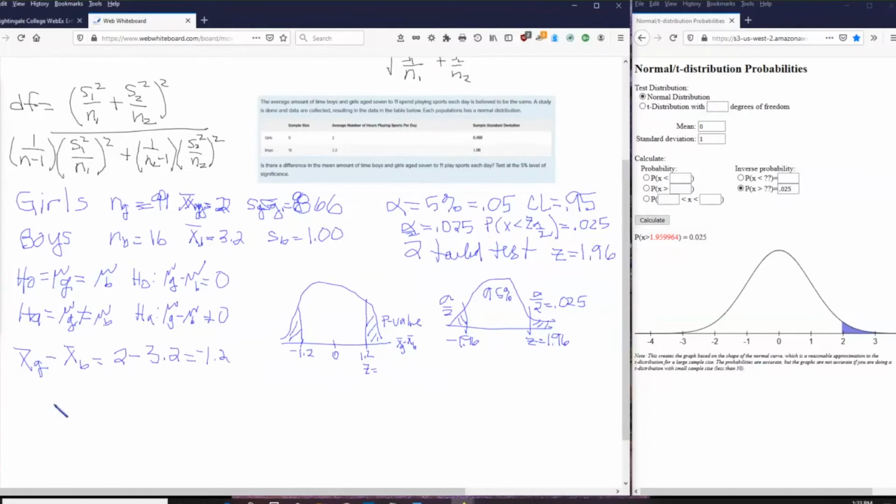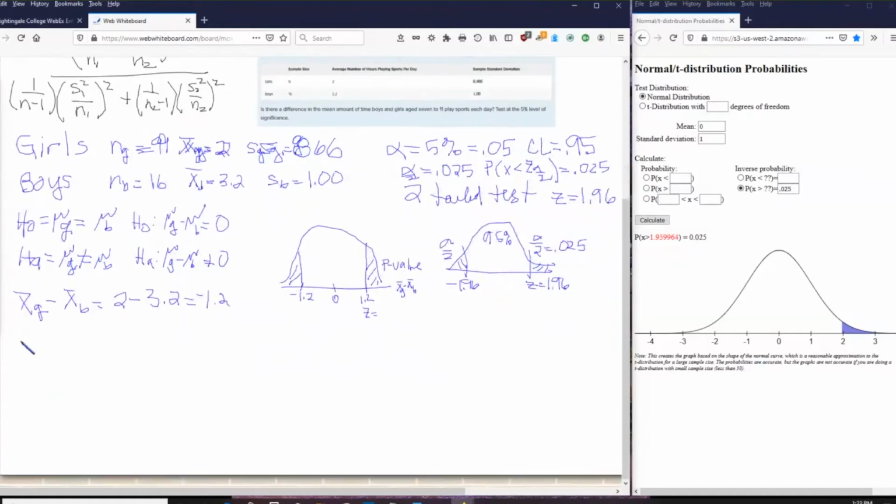So now let's do my standard error, standard deviation. Plug that in. I'm going to have the standard deviation of the girls squared.